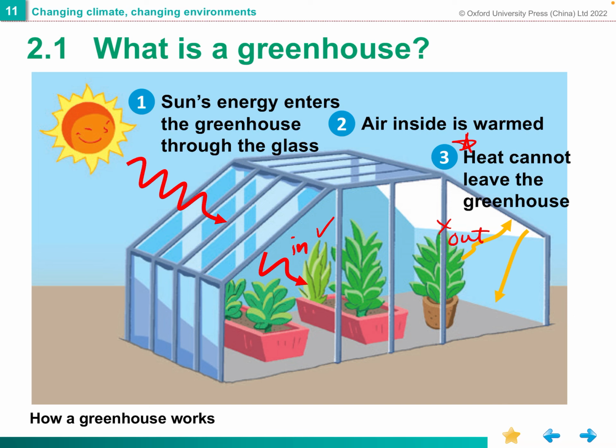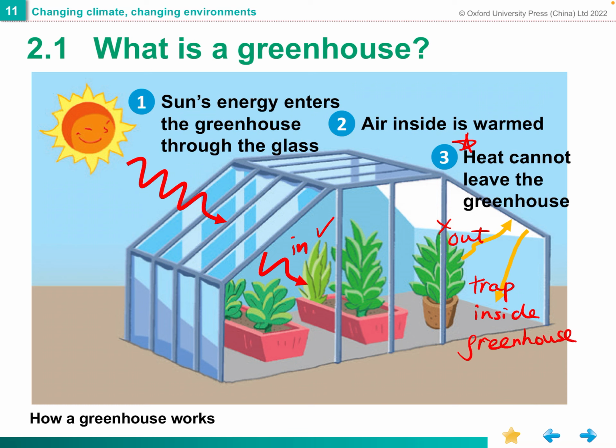The heat energy enters, so the plants can grow very well. But unfortunately the heat energy cannot get back out, it is trapped inside the greenhouse, so the inside keeps being warm. So all the heat energy is trapped inside the greenhouse. That's why the greenhouse is at a high temperature all the time.